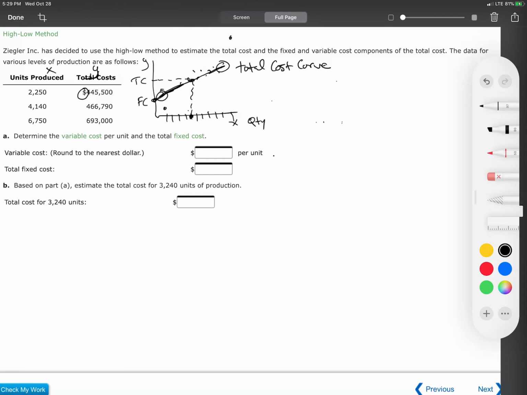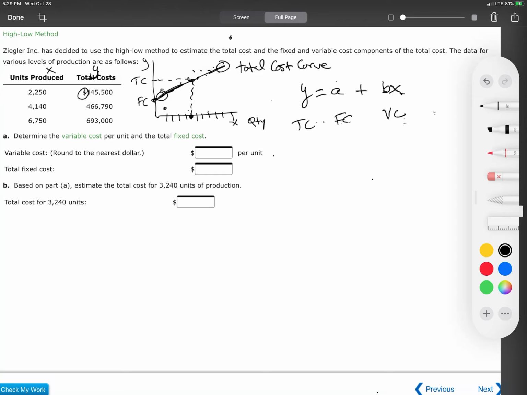Then the x-axis is quantity. So for any level of production, we could predict the cost. So let's say at this level of production, what's the total cost? We can predict the total cost. But we have to first create this equation or this graph. Now, the graph is one way of representing the equation.